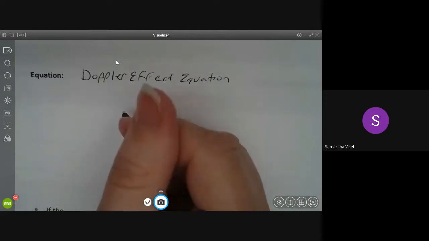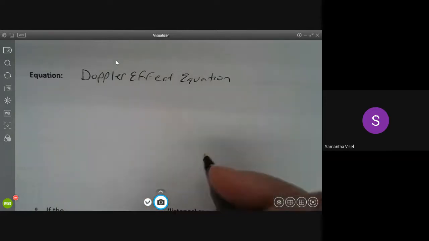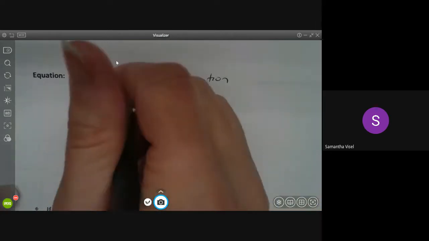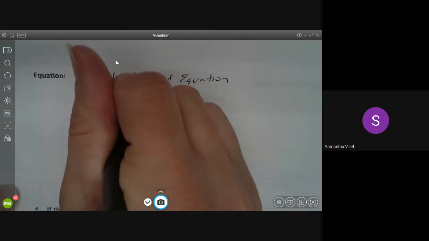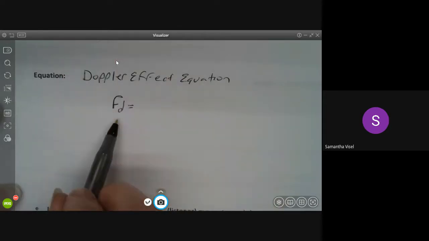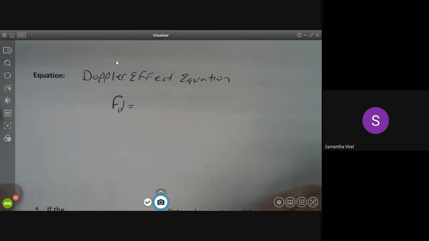So we're going to start off by writing out the equation so you can see all the variables involved, and then we'll take a second to go through each one, so what each one stands for. So we'll start off with F subscript D. As always, if there's a subscript, you've got to include the subscript.